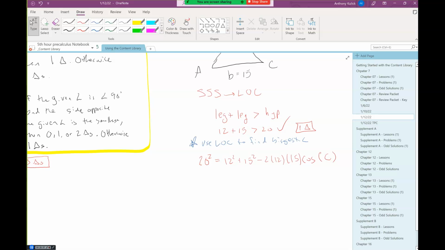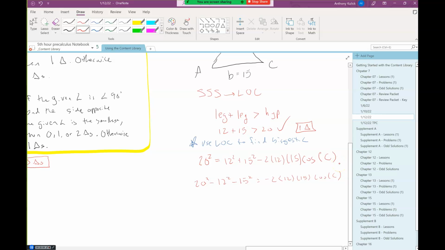So to solve this, I'm going to subtract 12 squared from both sides and then subtract 15 squared from both sides. But I can't add 2 times 12 times 15 because that stuff is being multiplied to my variable.